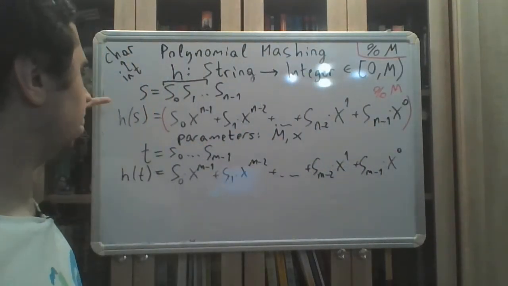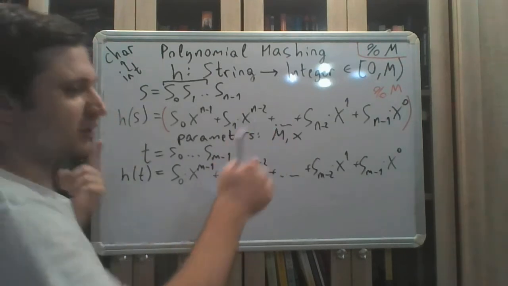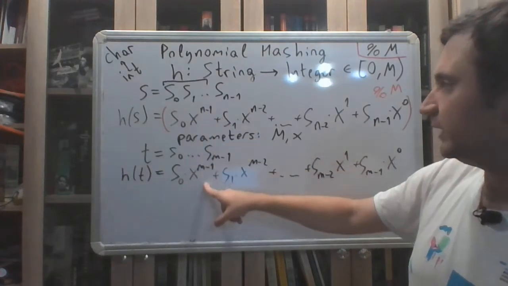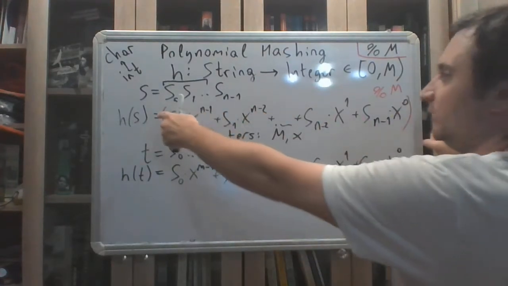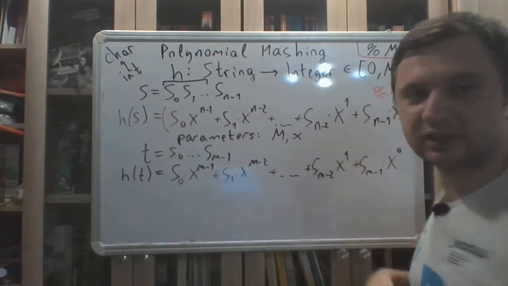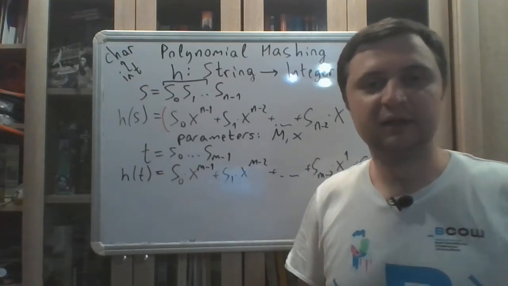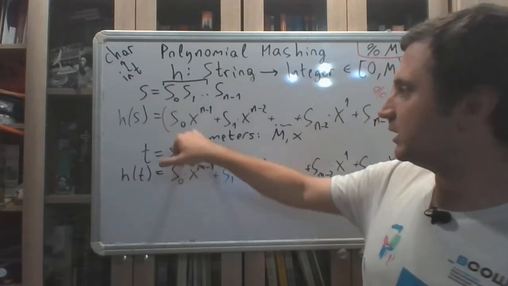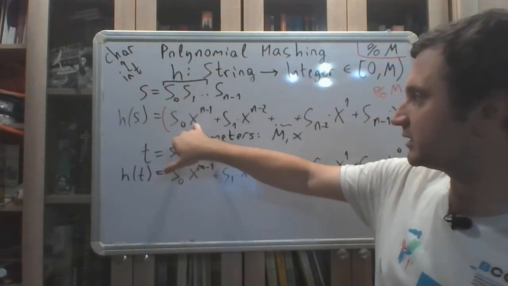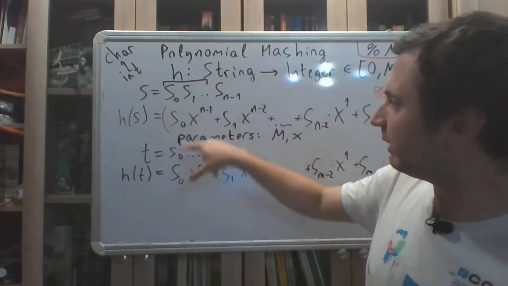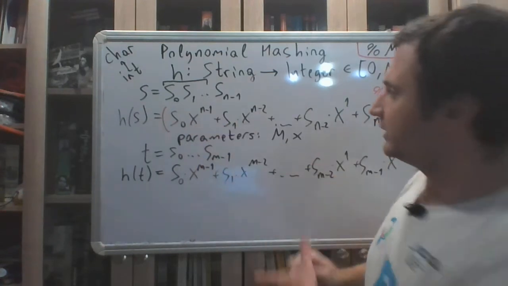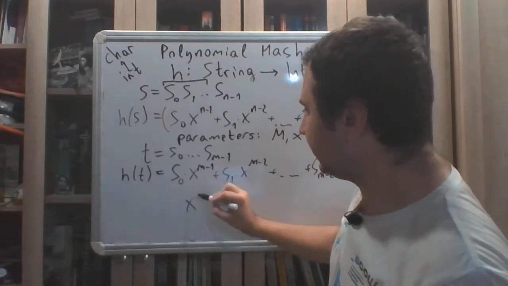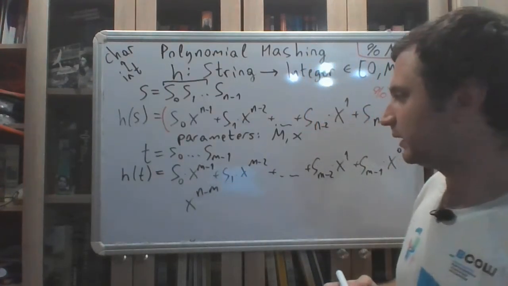What are the similarities between these two polynomials? These are two polynomials of variable x. Look at it. This term is quite similar to this term, but this one is larger than these terms by x to the power n minus m.